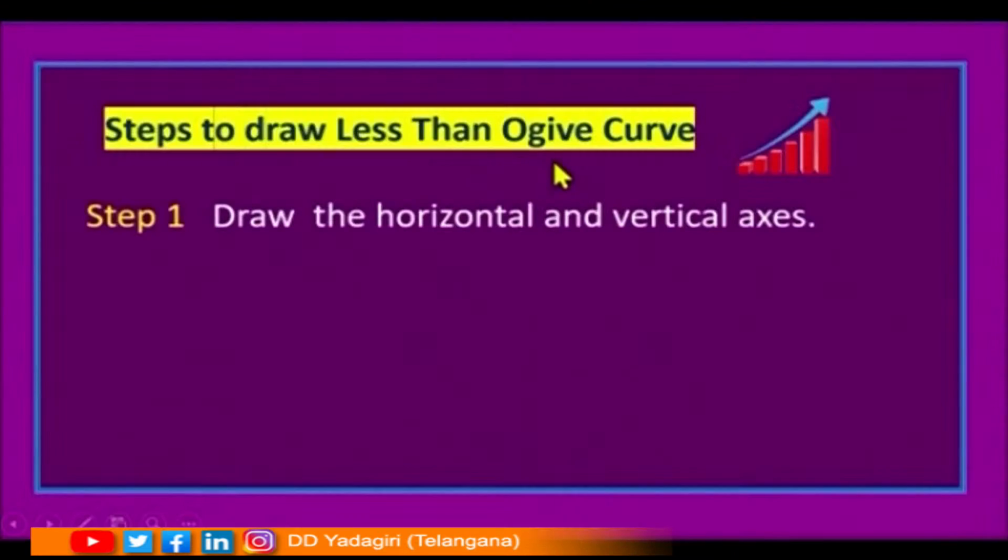So how are you going to represent Ogive curves? What are the steps you are going to follow to draw an Ogive curve? We are going to follow some basic steps. Steps to draw a less than Ogive curve. First, you draw the horizontal axis and vertical axis.